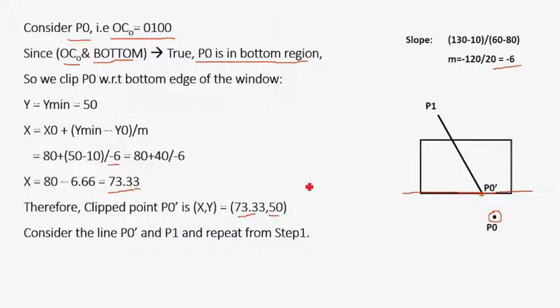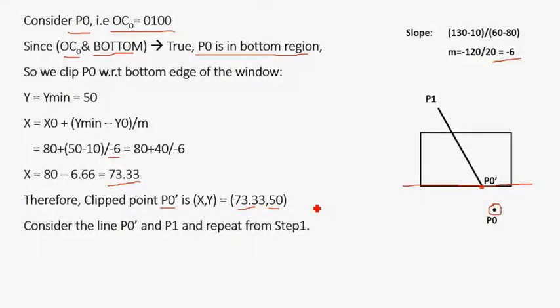I name it P naught dash. My P naught dash, the intersection with the bottom edge, is 73.33 comma 50. Now the line that I am supposed to consider is P1 to P naught dash.